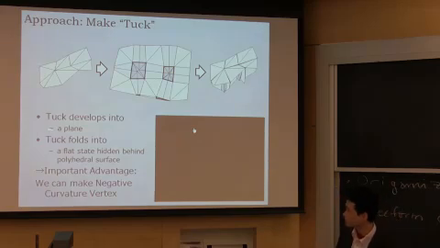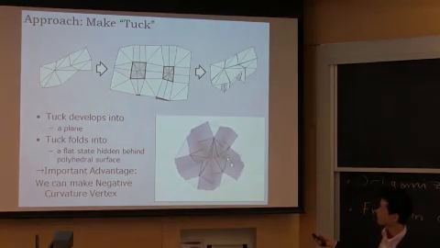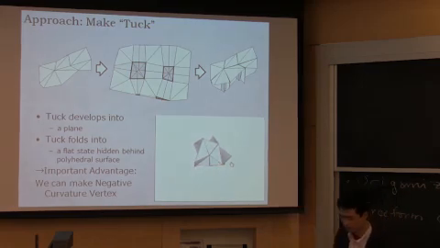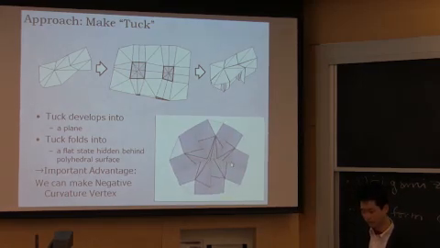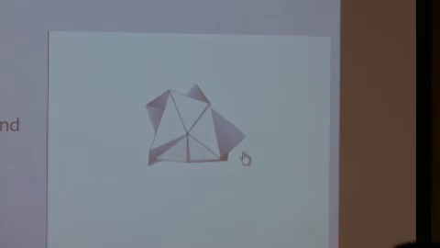And by folding the tuck, it's hidden. It's flat folded, and it's hidden behind the polyhedral surface, like in this movie. And when it's in the developed state, it forms a plane with the surface polyhedron. So this is good because we can make a concave or negative curvature vertex.